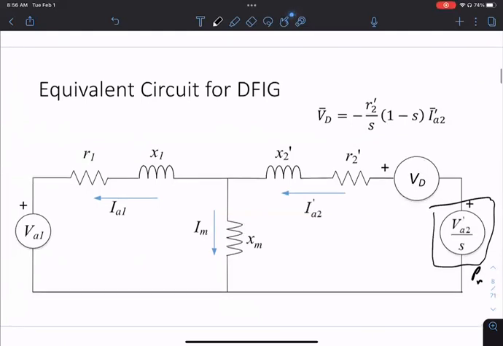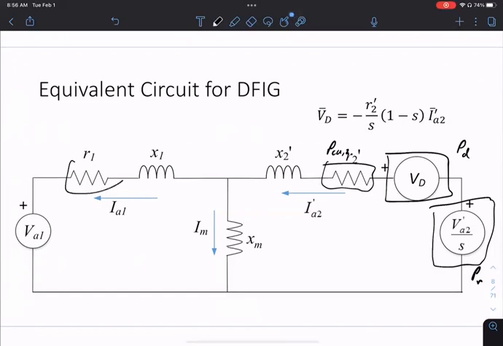Okay. This developed voltage, this is our PD, right? So this is the developed power we had from before. This is our loss, one loss we have. This is PCU2. This is PCU1.